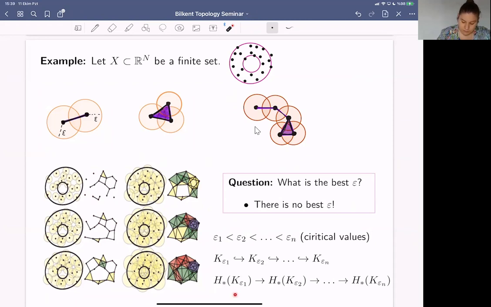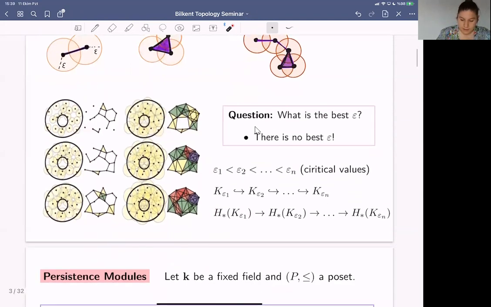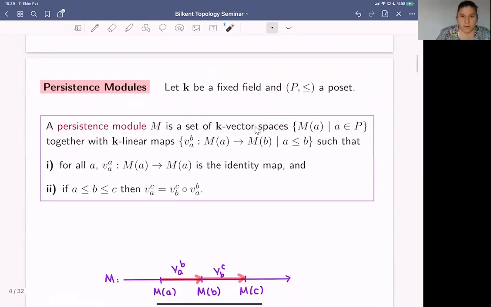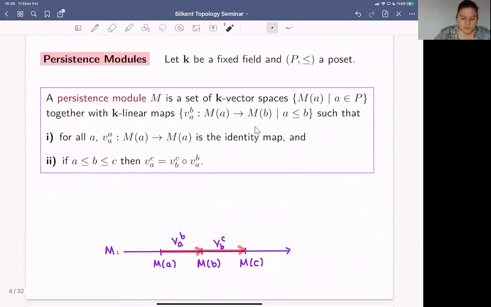Let me pass to algebraic structures. Now I have vector spaces and linear maps between them. Let me generalize this idea and talk about persistence modules. Let me fix my notation. Let K be a field, and let's consider a poset.